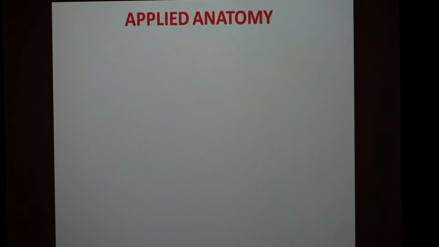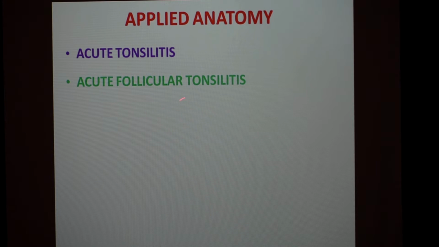Coming to the applied anatomy of the tonsil, the first and the very common one is acute tonsillitis. So it is the acute inflammation or acute infection of the tonsil that is called acute tonsillitis. Sometimes there can be a condition called acute follicular tonsillitis.